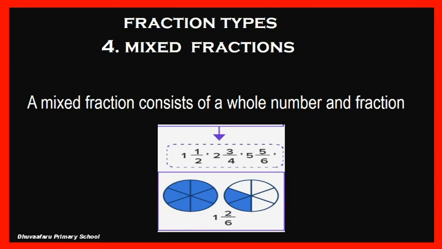Mixed fractions. Type 4. A mixed fraction consists of a whole number and a fraction. 1 2/6 is an example of mixed fraction, and 2 3/4 and 5 5/6 are also examples of mixed fraction.